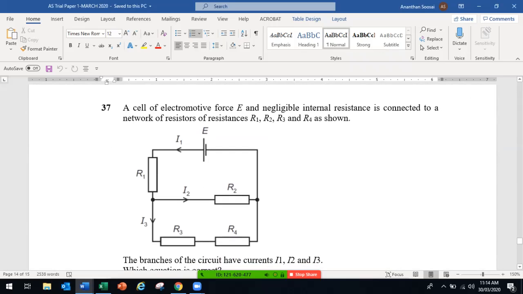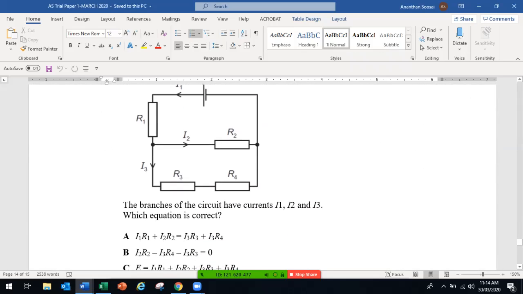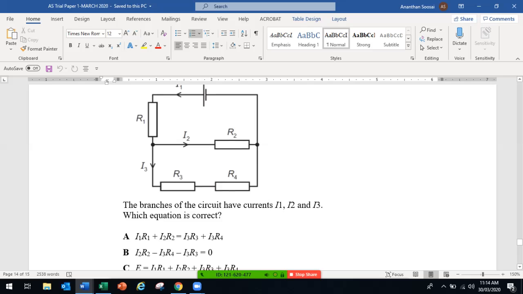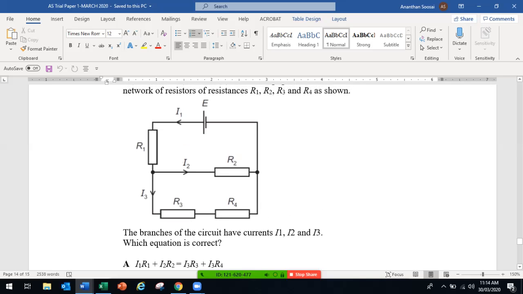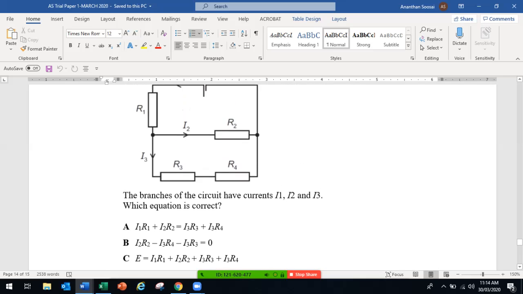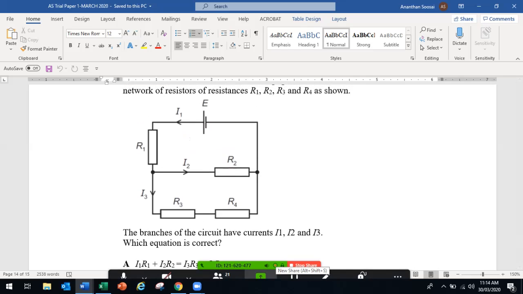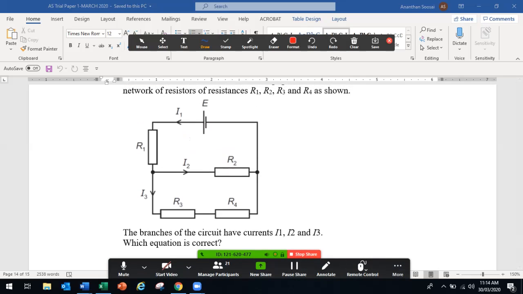Okay, 37, electric circuit. The branches of the circuit have current I1, I2, I3. Which equation is correct? B. So we use Kirchhoff's law. There are 2 loops, and the 2 loops are equal.